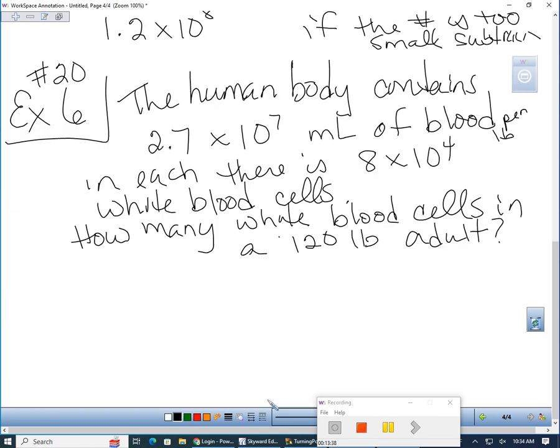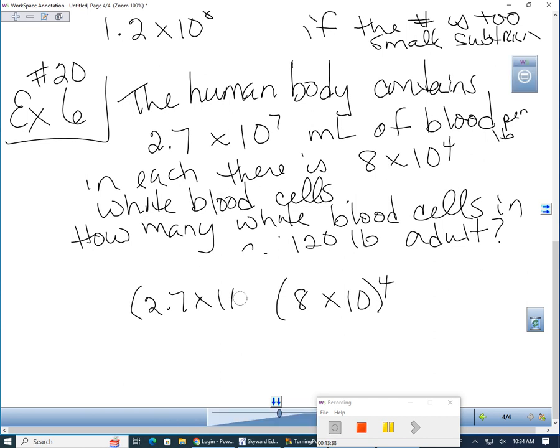All right, so all this is asking us to do is to multiply these 3 numbers together. We're going to multiply 2.7 times 10 to the 7th times 8 times 10 to the 4th, and then we're multiplying it by 120.